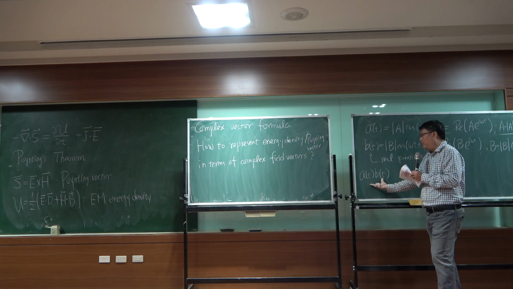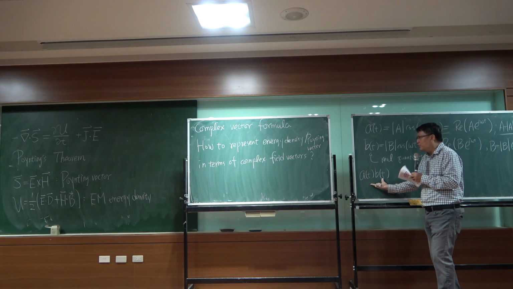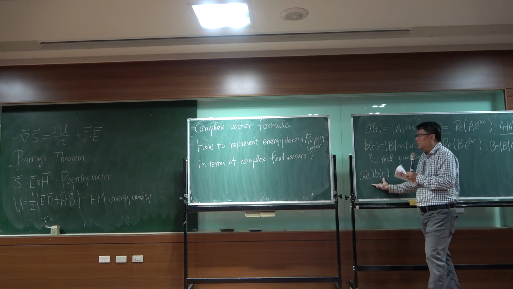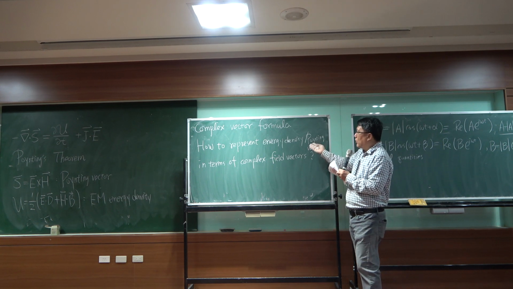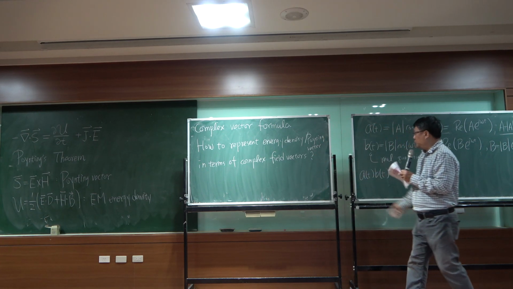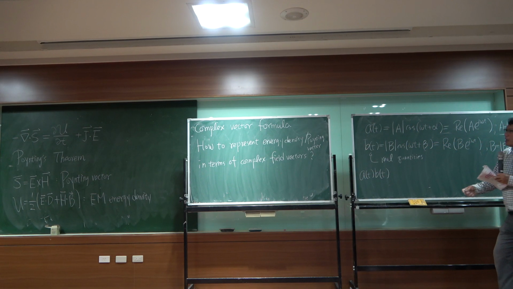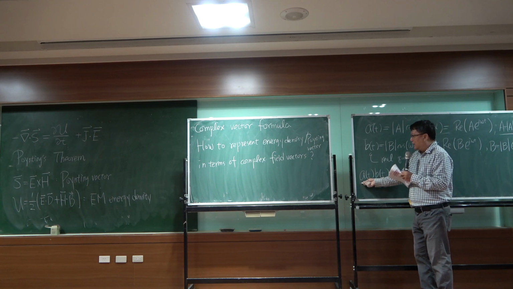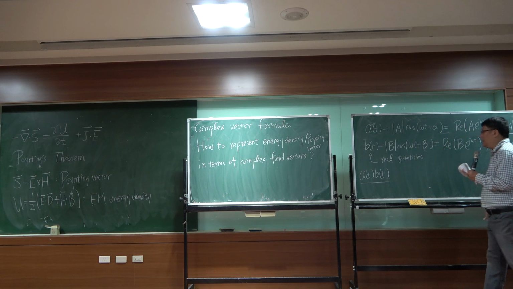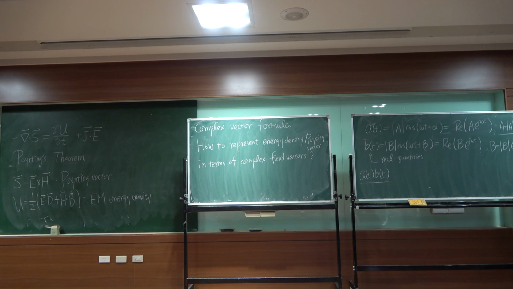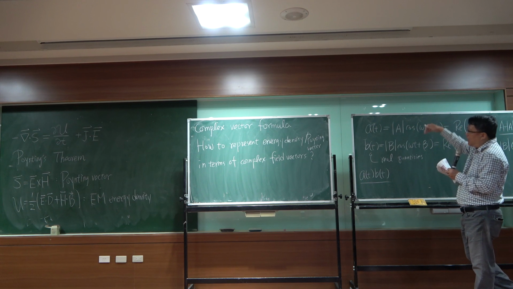And A can be proportional to B but not equal to B. For example, the Poynting vector equals E cross H. So now we want to know how to represent A times B using the complex notation.